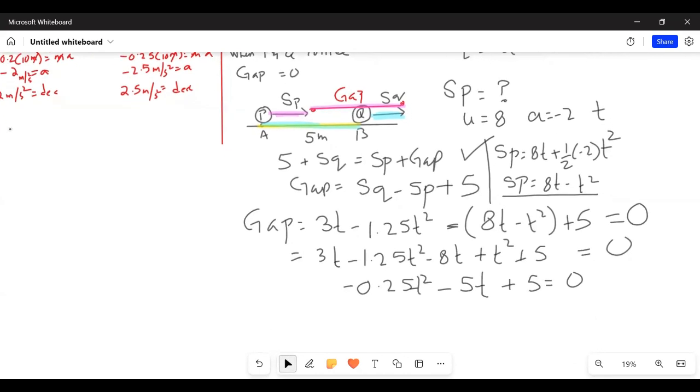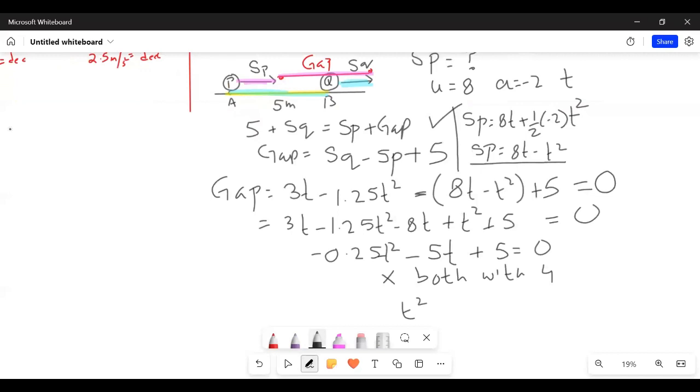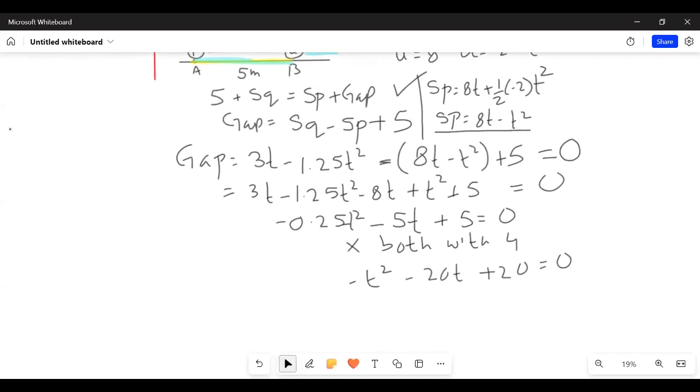Let's slightly simplify it and then solve it. So this, you can multiply both sides with 4, or you can just solve it from here. बल्कि minus 4 से multiply कर देना चाहिए था. So then the signs will change.